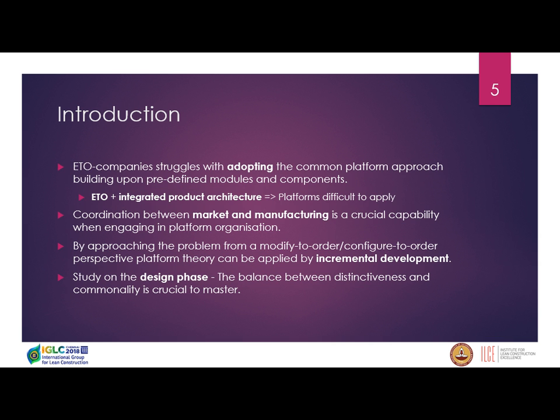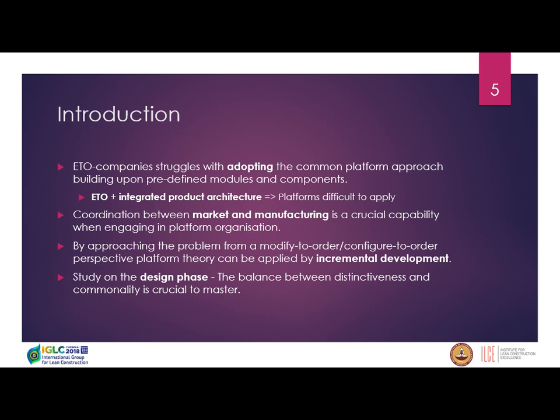And the challenge here is, of course, that for ETO we still have a large degree of freedom, but also an integrated product architecture, which means that platforms in general would be difficult to apply to construction in general. Hopefully a little better linked to this part of the trade that I'm talking about with industrialized house building.